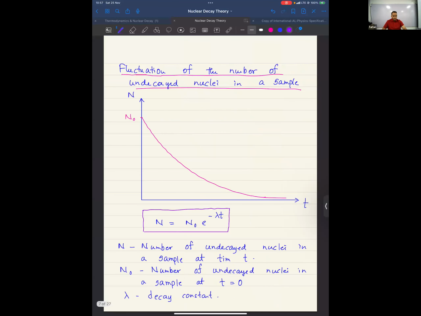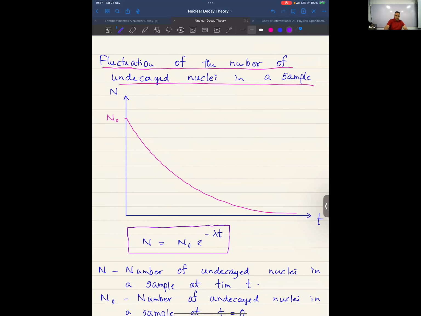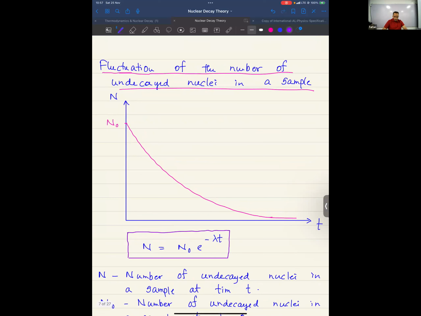Right. If you take a sample, the number of undecayed nuclei in the sample, let's say at the beginning it has N naught undecayed nuclei. With time, the number of undecayed nuclei in the sample will keep on reducing while it's decaying. So it will have an exponential decay curve.